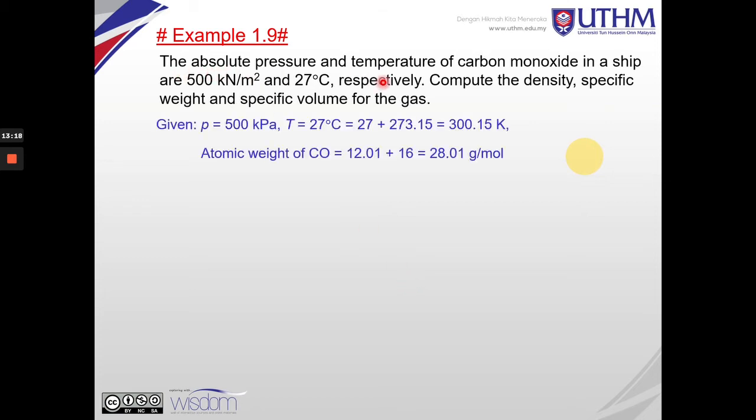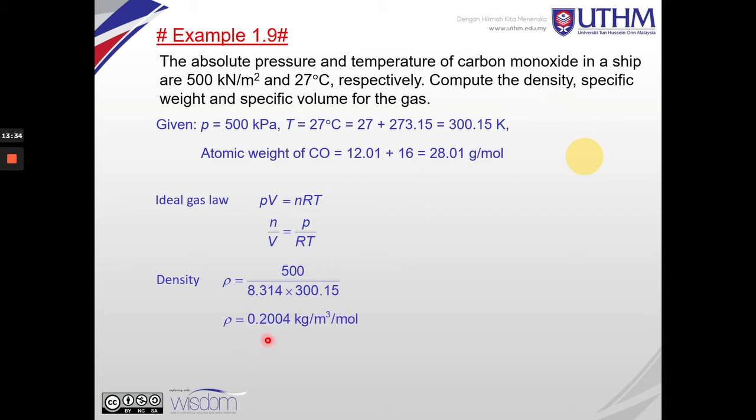Okay, so look at example 1.9. It's also the same as the previous slide. Just use this equation to find the density, specific weight and specific volume for the gas. So we get the density, and after we get the density of the gas, we find the specific weight using this equation.